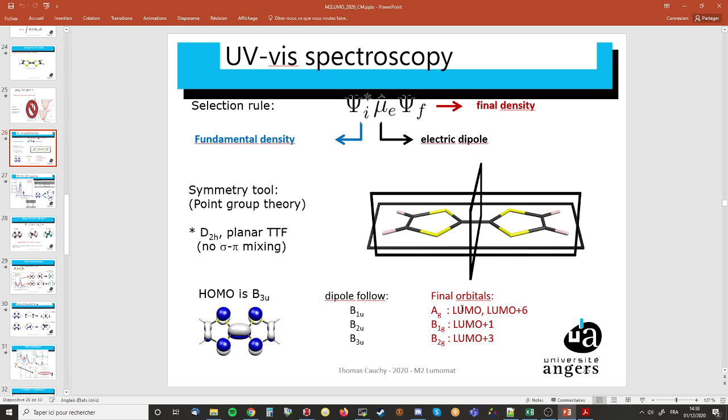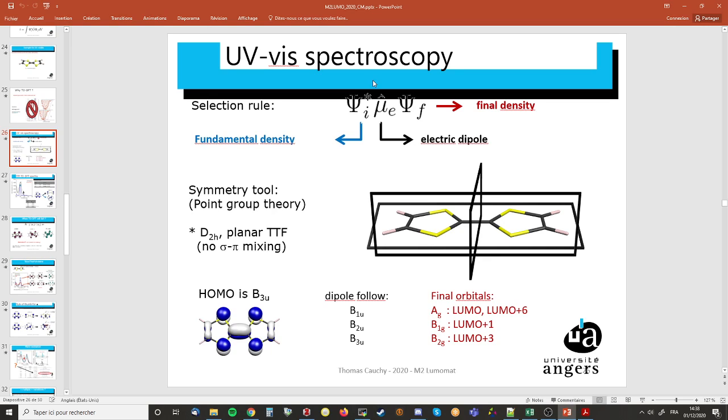And for example, the LUMO and LUMO plus 6 is an Ag. So if you do B3u, B1u, Ag, the problem is that you need to have a product that is Ag, and this is not the case. The only ones that do work are LUMO plus 1 and LUMO plus 3. That means that in this molecule, the HOMO-LUMO is a silent transition.